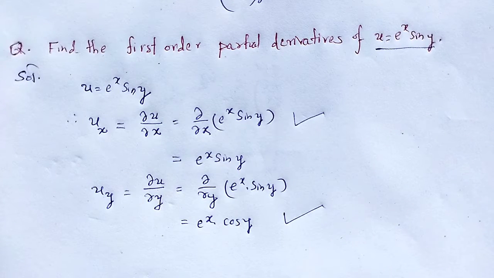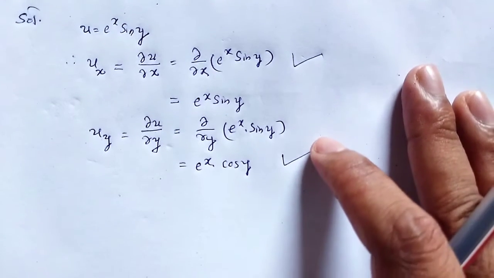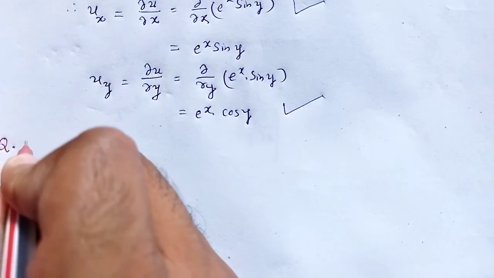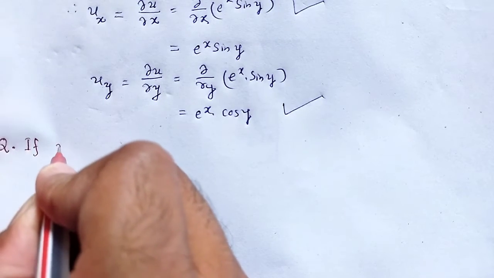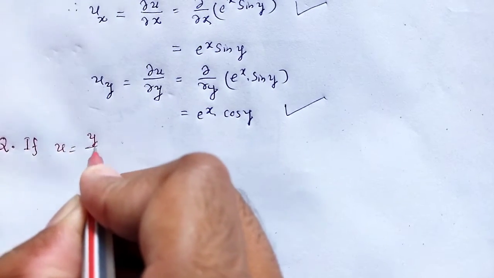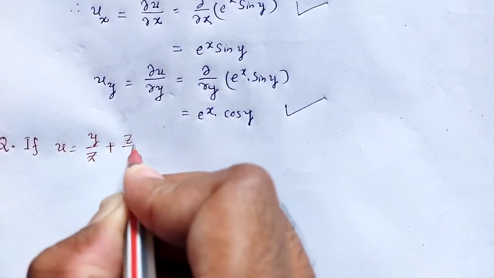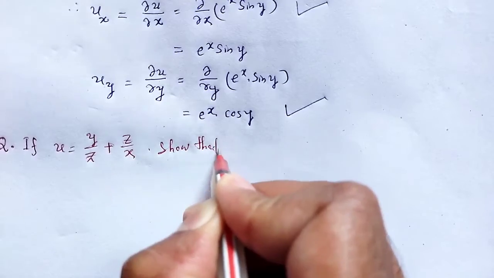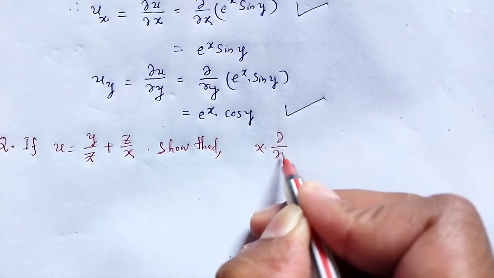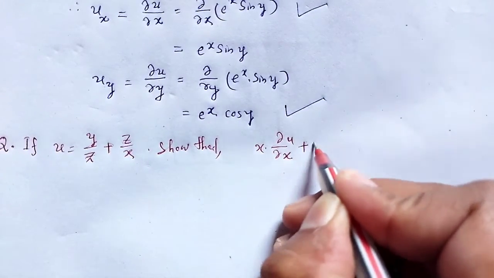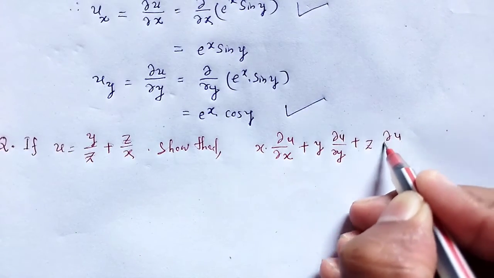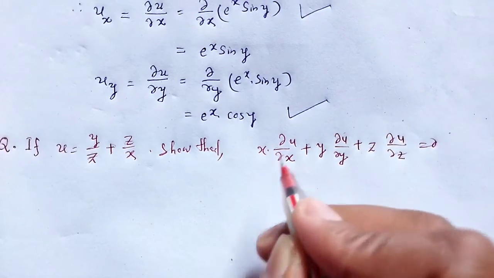Again we solve another question. If u is equal to y by z plus z by x, then show that x del u by del x plus y del u by del y plus z del u by del z is equal to 0.